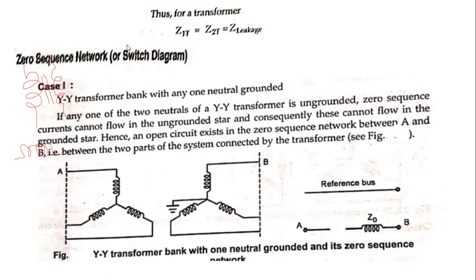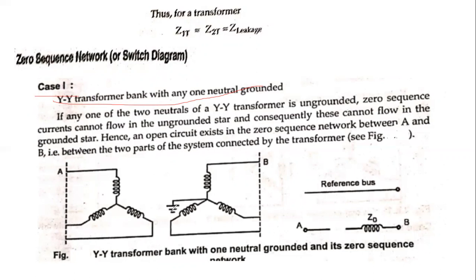For the zero sequence, we are considering different cases. First of all, we consider case 1. Case 1 is a star transformer bank with neutral grounding. This is the star connection of the primary winding and this is the star connection of the secondary winding.